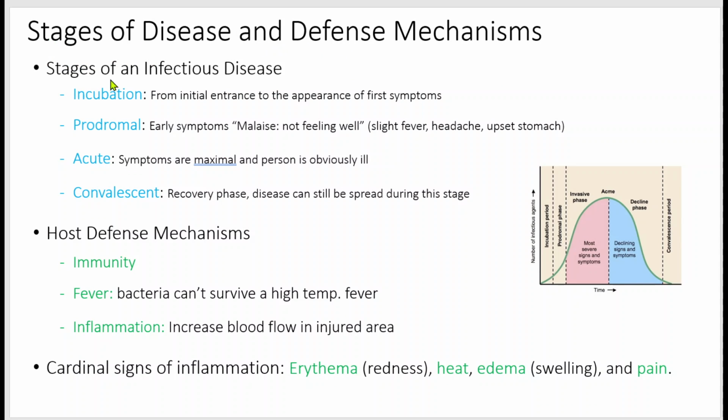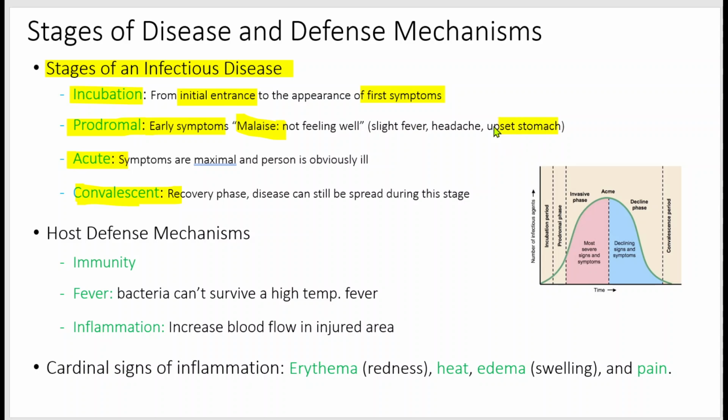The stages of disease infection: we have 4 stages of infectious disease. You have incubation, prodromal, acute, and convalescence. Incubation is from the first entry of the disease to the appearance of the first symptom. Prodromal is when you see the early symptoms, sometimes called malaise, which is not feeling well.